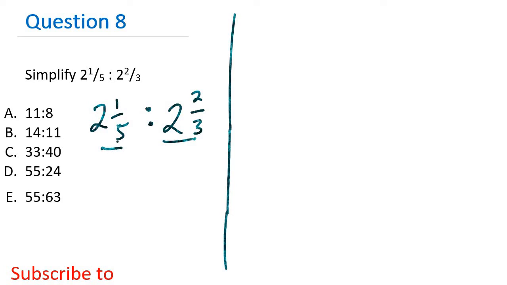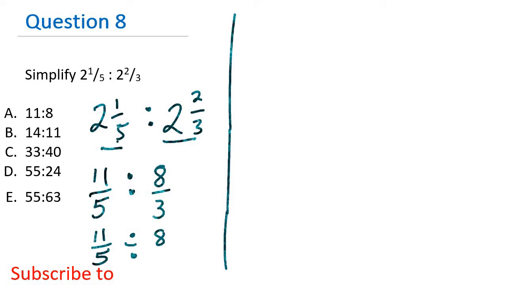5 times 2 is 10 plus 1, 11 over 5. Ratio 3 times 2 is 6 plus 2, 8 over 3. Remember what I said, that ratio means division. I can rewrite this as 11 over 5 divided by 8 over 3. Using the concept of KCF, which simply means keep, change, flip.